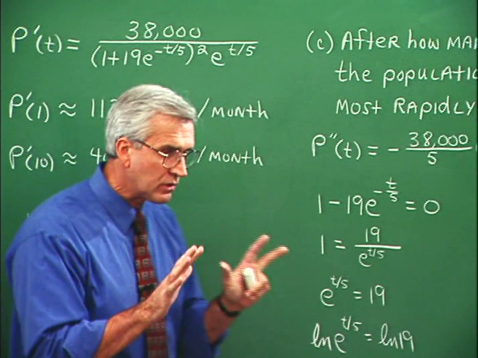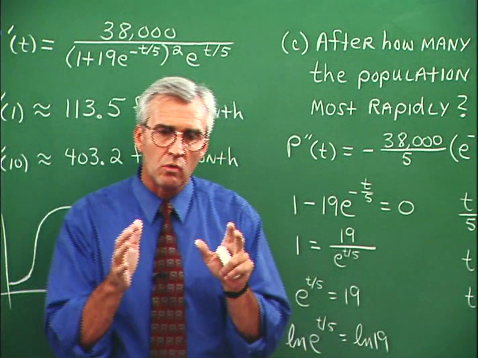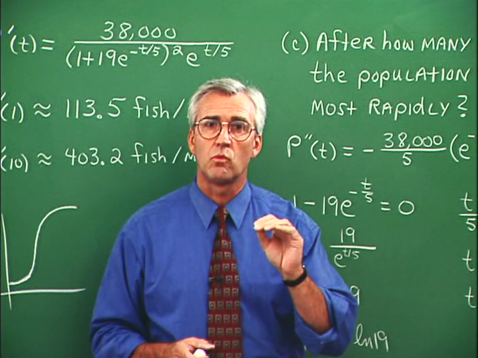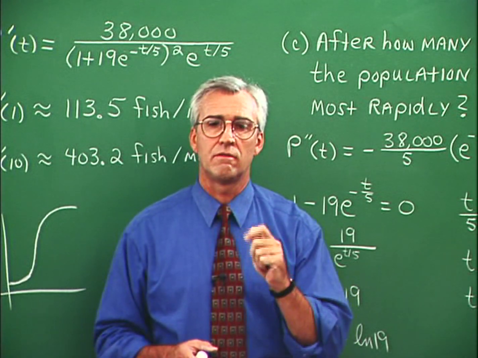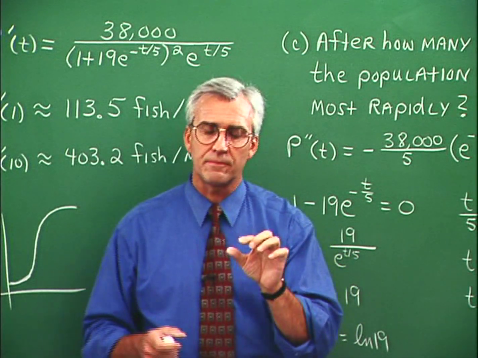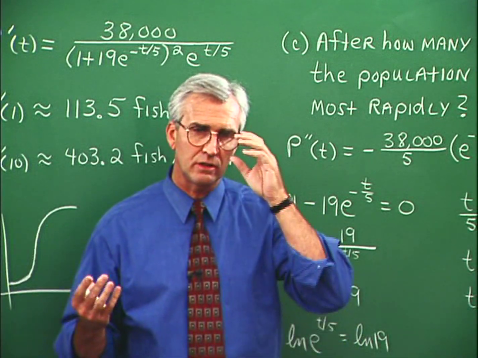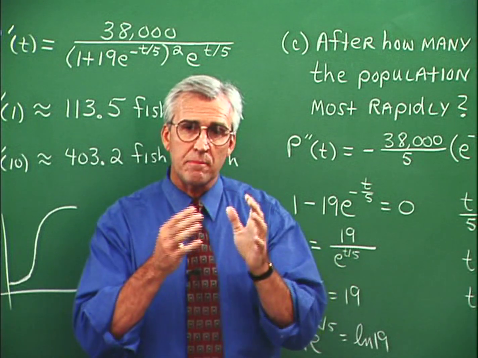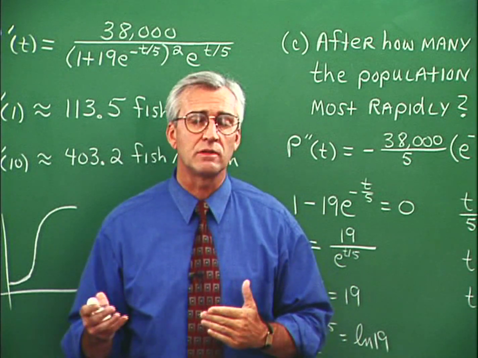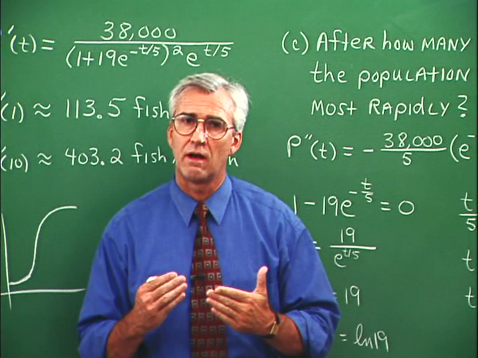Another way to view the situation is to think of this part of the problem as one where we're saying, when does the acceleration of growth level off? When does the acceleration of growth in population become zero? Remember that we began with a population function, and then p prime of t is a rate of change in population function, and p double prime of t would be an acceleration function.